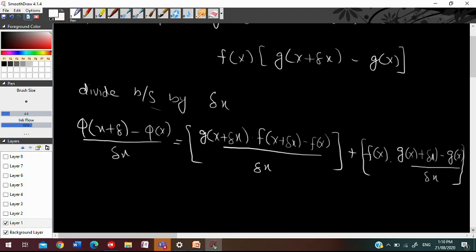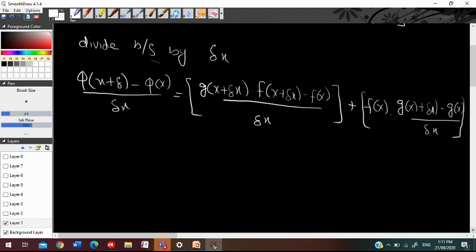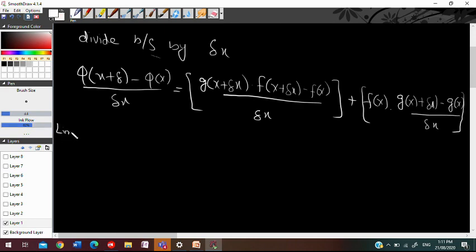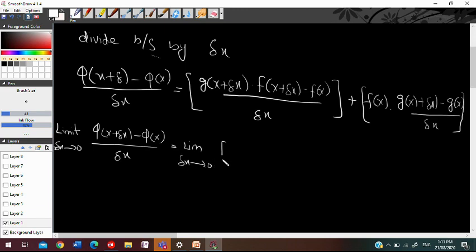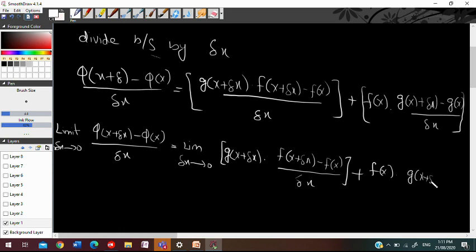Now the last step is what? We take limit on both sides. So when we take limit delta x approaches to 0, phi of x plus delta x minus phi of x divided by delta x, and again limit delta x approaches to 0, g of x plus delta x into f of x plus delta x minus f of x divided by delta x plus f of x into g of x plus delta x minus g of x whole divided by delta x.